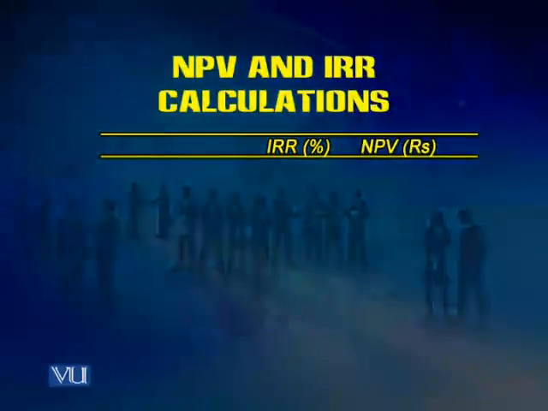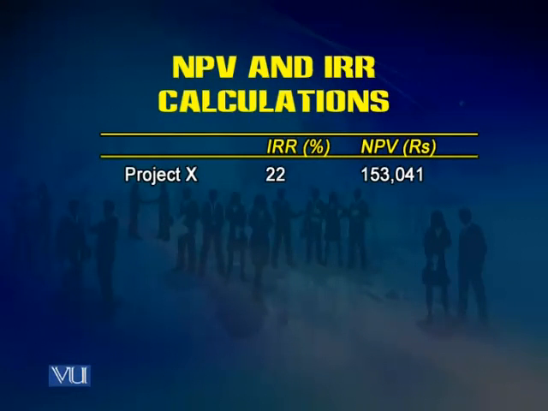Let's do that by calculating both the IRR and the NPV of the projects and see what happens. Here, the IRR of project X is 22% and that of project Y is 18%.